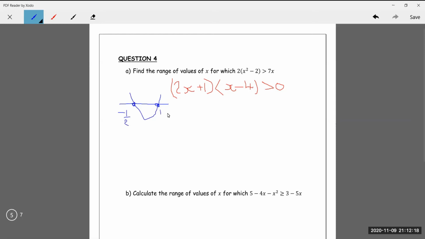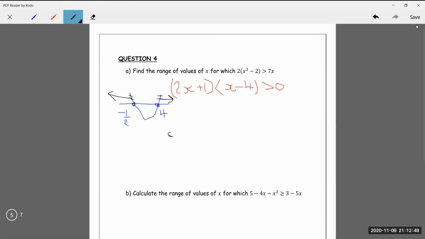The part of the solution that we want is when this is greater than 0, and the branches are right here. So the function is greater than 0 when x is less than negative a half or when x is greater than 4.